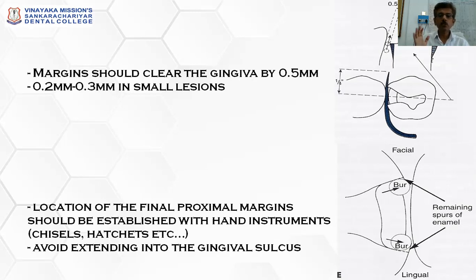Location of the final proximal margins should be established with hand instruments, chisels, hatchets, etc. Avoid extending into the gingival sulcus. As I said before, supragingival, until and unless a particular situation warrants that it goes down, like for example, in caries or craze lines.